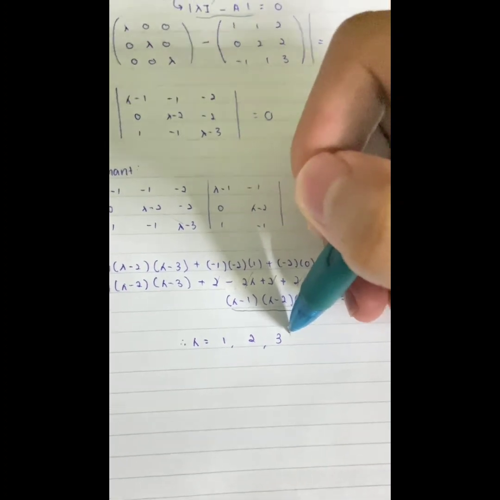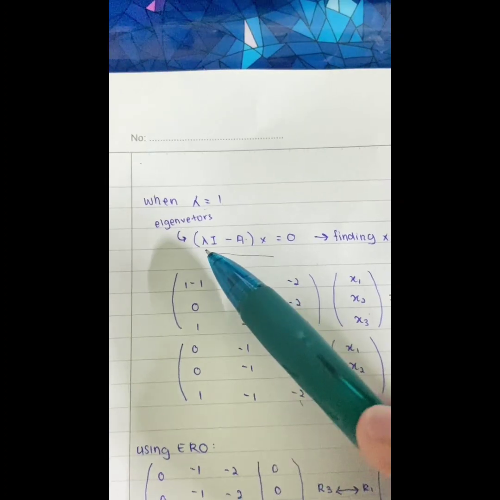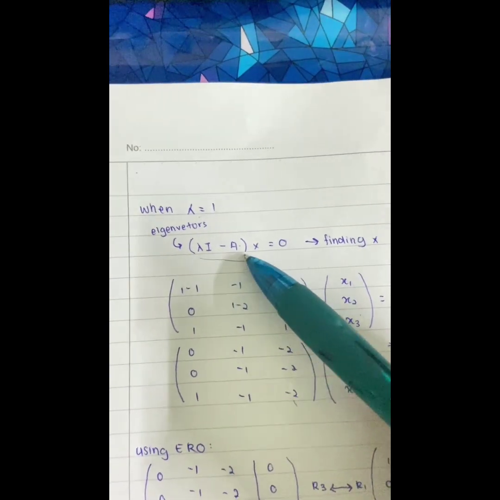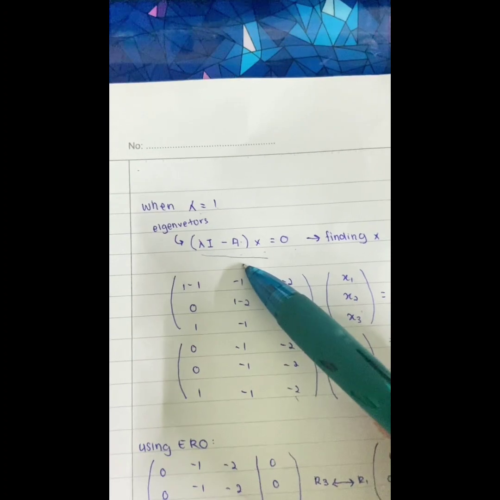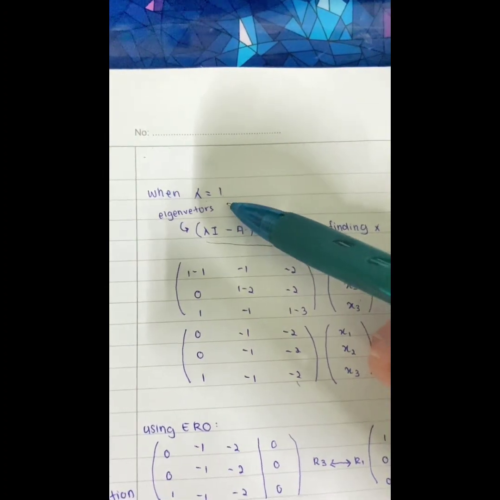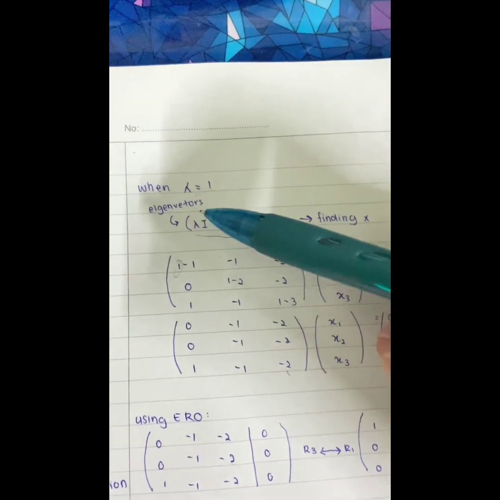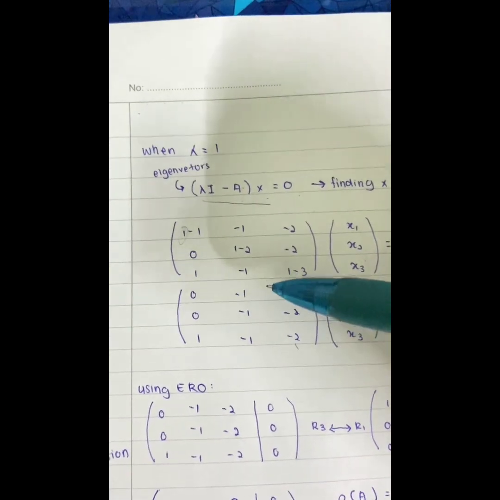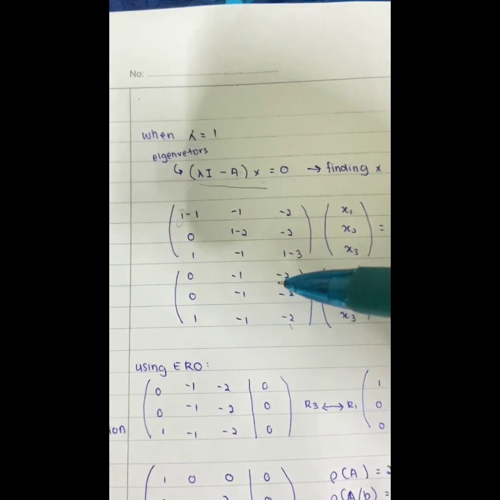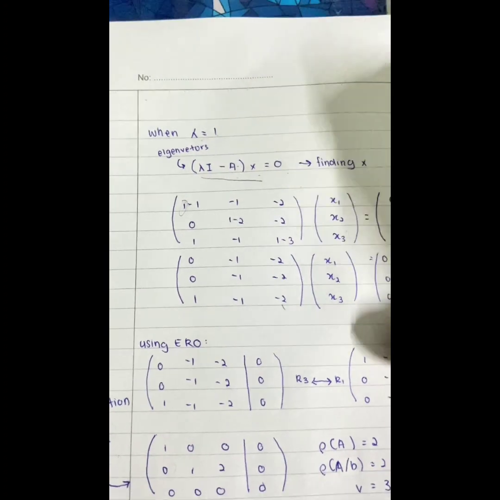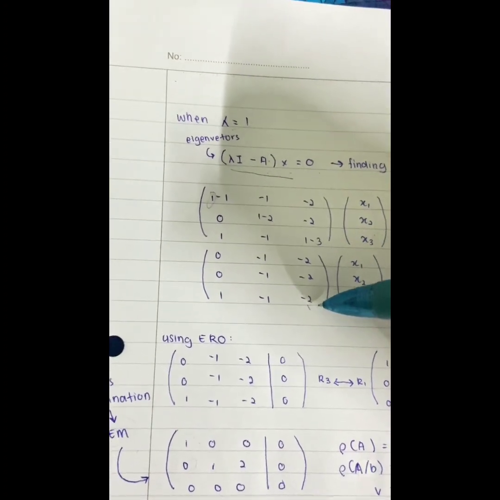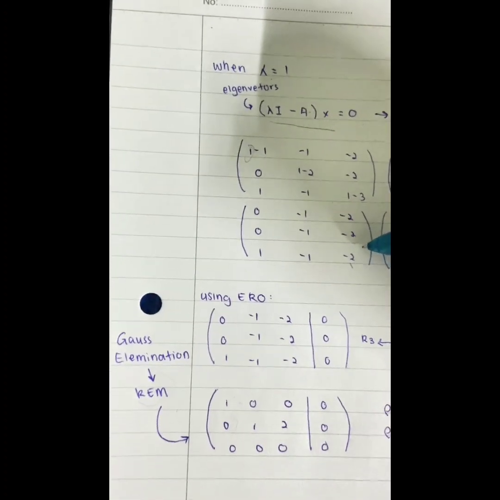So these are the eigenvalues for matrix A. To find the eigenvector, we use this equation: lambda I minus A times x equals 0. We substitute 1 into lambda here, and we will get this: [0, negative 1, negative 2; 0, negative 1, negative 2; 1, negative 1, negative 2]. Next, we want to make this matrix become REF using Gauss elimination.